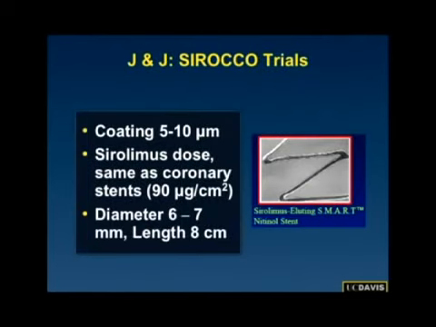So the first trial was the Sirocco trial, which looked at the sirolimus-eluting SMART stent with very limited stent selection, either 6 or 7 millimeters in diameter and a length of 8 centimeters. We thought we knew what worked in the coronaries, so we were going to put it on a peripheral stent, the same concentration.